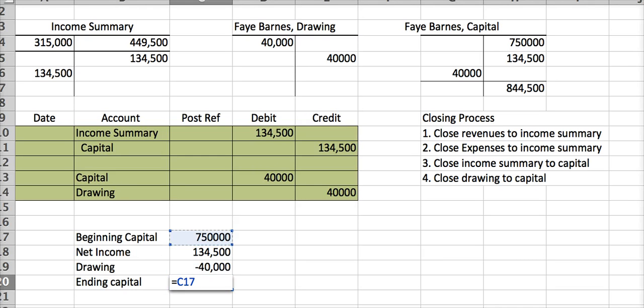So that would be the net of all these, which would be 844.5. So notice that the closing process actually gets us to the point that we already knew from our statement of owner's equity. So we write out the statement of owner's equity, that's our financial statement, and then we update our accounts to reflect that new ending capital balance.